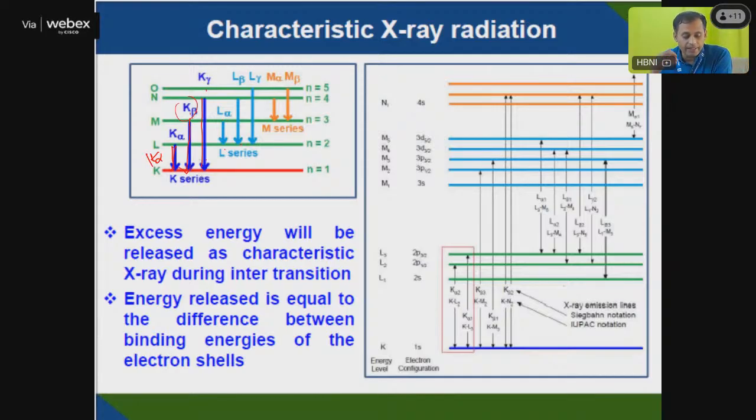Depending upon that, you can identify the element in SEM or TEM EDAX analysis, or you can use copper K alpha for X-ray diffraction studies. And depending on the energy released, you can calculate from which orbital it is coming. This is the diagram showing how K beta and K gamma are produced.